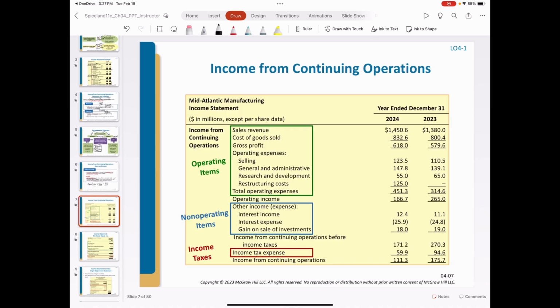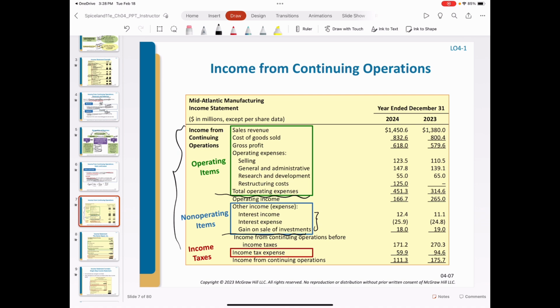Again, let's revisit the example of income statements. So here, this is the section of income from continuing operation. It breaks down into operating section and non-operating section. So the interest income and interest expenses, gains on sales of investments, these are more related to the company's investing and financing activities.